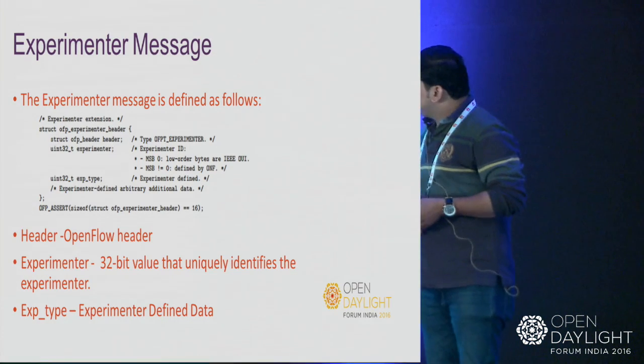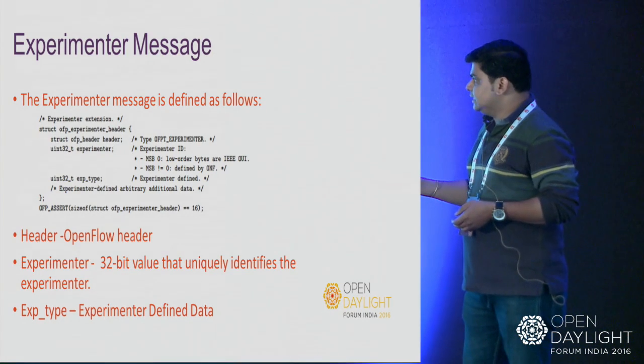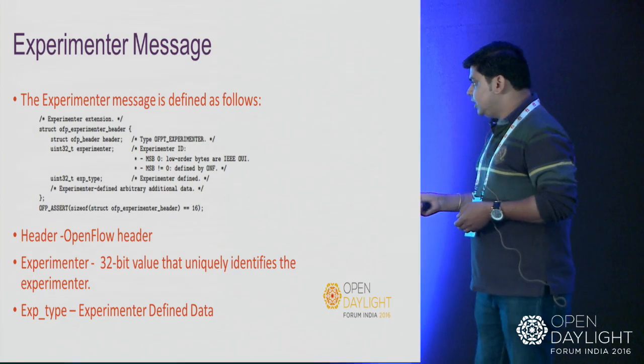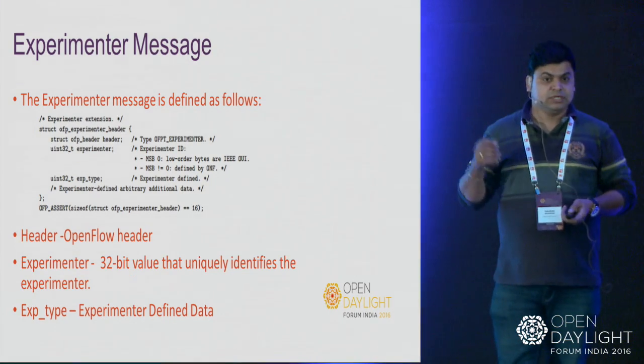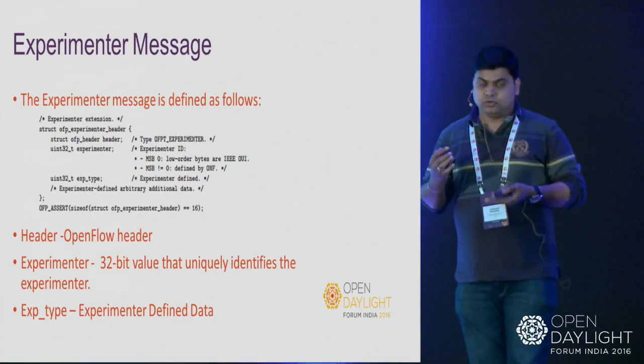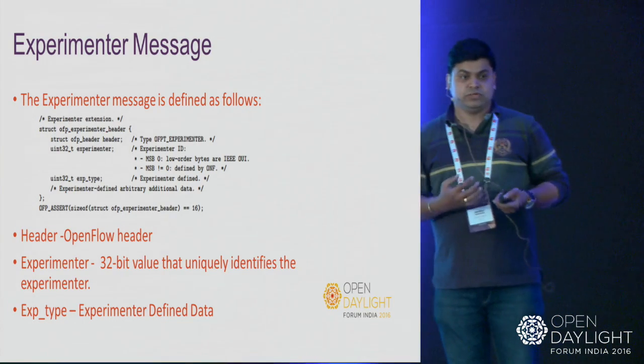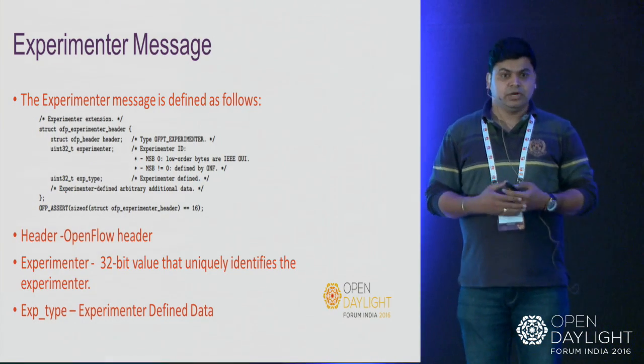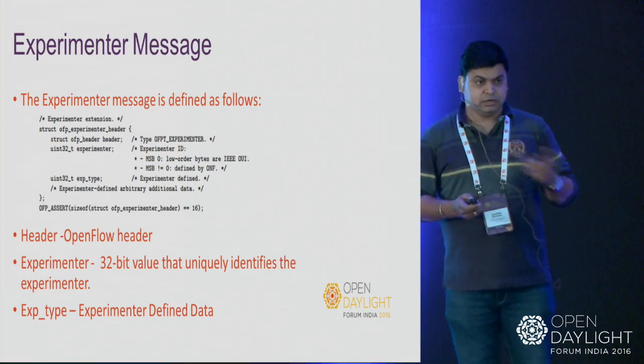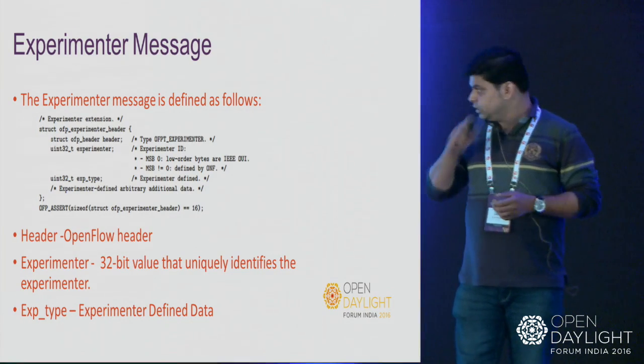Then it has the experimenter ID. This is a 32-bit value, which is uniquely defined, so that your extension should not conflict with your peers' extensions.